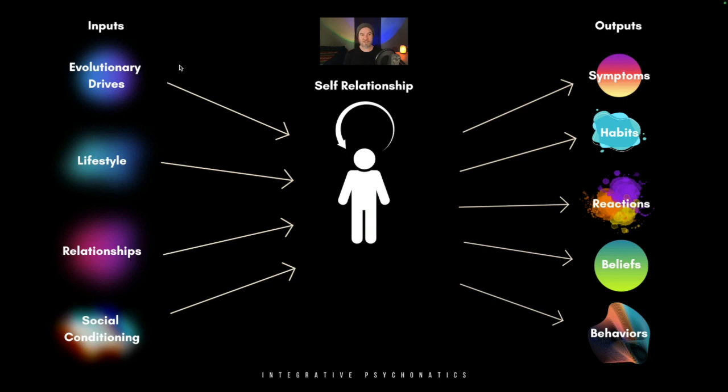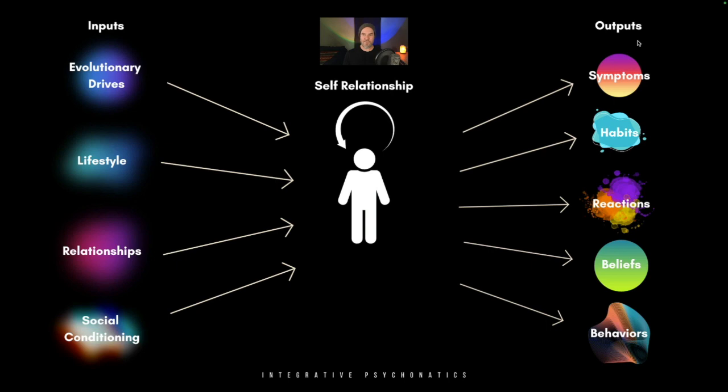Because, when it comes to inputs, we don't always have a lot of control. Obviously, over our evolutionary drives, we have no control. We do have control over our lifestyle, but a lot of times we're raised in a situation where we didn't. Relationships, often, same thing. We don't have a lot of control over our relationships. Social conditioning is kind of just coming at you from birth. Again, these are things that we do have some control over, but a lot of it we don't, right?